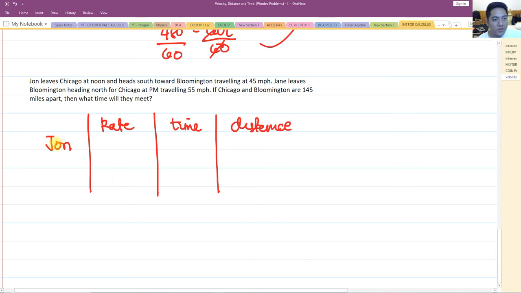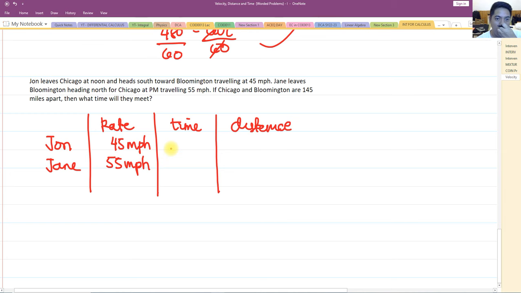Jane leaves Bloomington heading north, so they are moving in opposite directions, traveling at 55 miles per hour. So John has 45 mph and Jane is 55 mph. If Chicago and Bloomington are 145 miles apart, then what time will they meet?